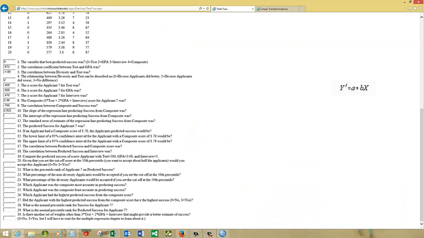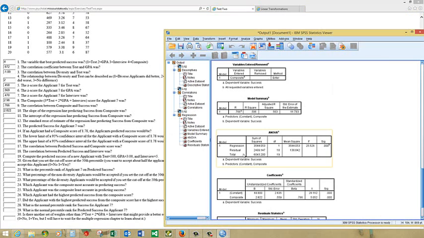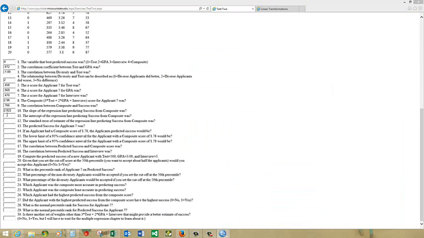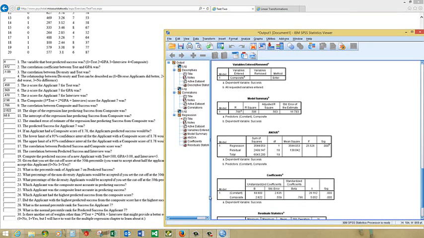The intercept looks like it would be 68.8. Okay, the standard error of estimate. To pull this data up again. Standard error of estimate looks like it's 11.783.